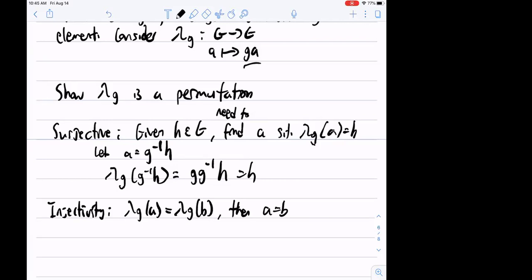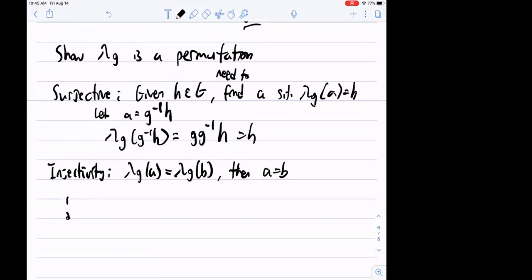So this is not injective, because one gets mapped to one and two gets mapped to one. Another way to say that is if they're equal, then they have to be equal in the domain. In this case, they're not equal in the domain. One is not two.